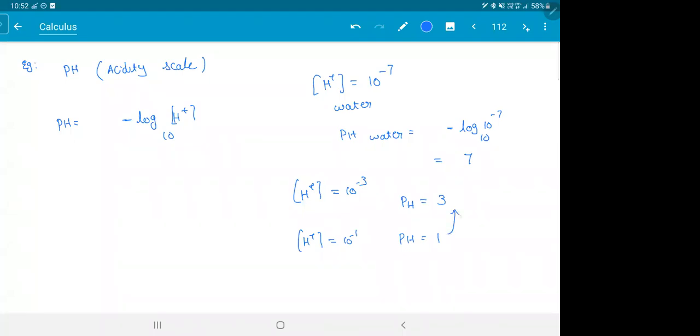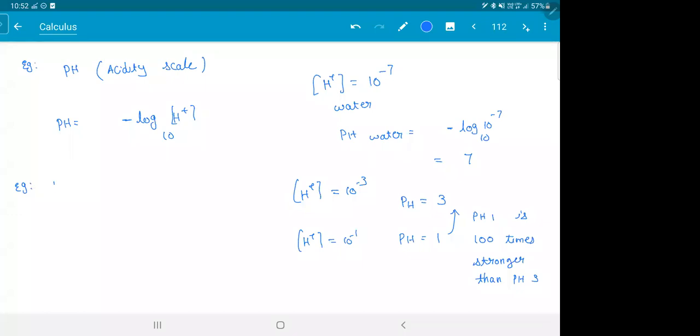No. pH 1 is 100 times stronger. That's a power difference of 10 square, na? 10 power 1, 10 power 2, 10 power 3. So that's a difference of 100. It is 100 times stronger than the pH 3 acid. It's a log scale, so you have to be careful. 1 and 3 looks like 3 times, but it's actually 100 times.